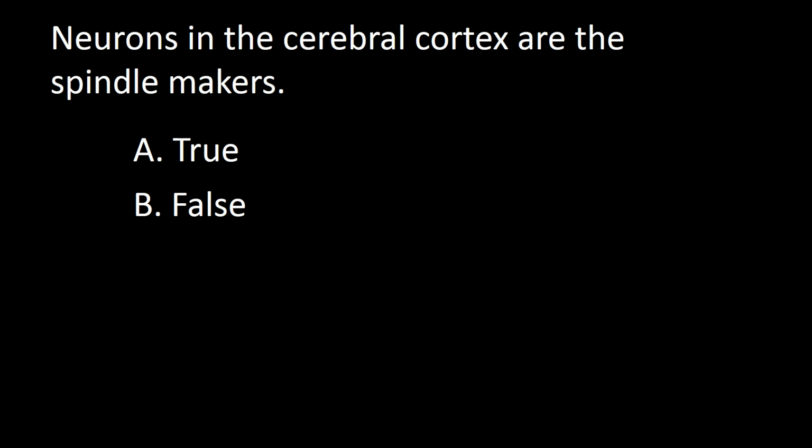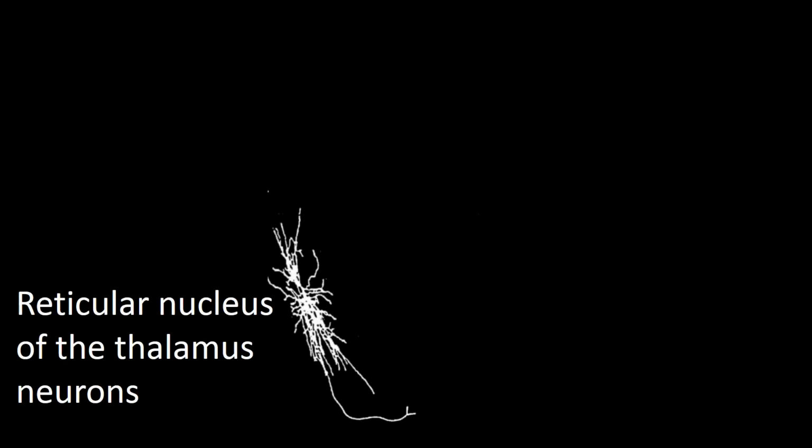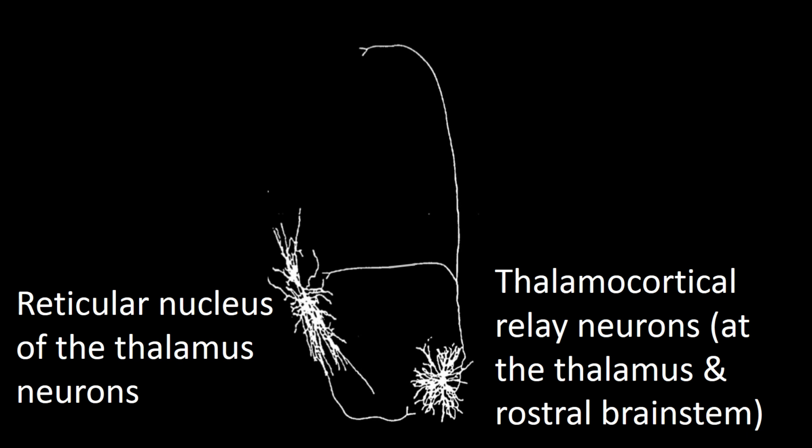Next question. Neurons in the cerebral cortex are the spindle makers. A, true; B, false. Neurons from the reticular nucleus of the thalamus make contact with neurons at other thalamic nuclei and with neurons in the rostral brainstem called thalamocortical relay neurons.